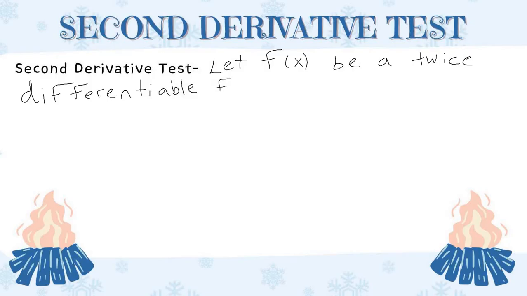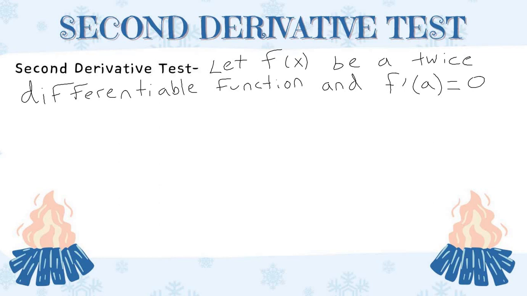It has to be continuous. Okay. And we're going to let f prime of a equal 0. What does that mean? A is a critical point.